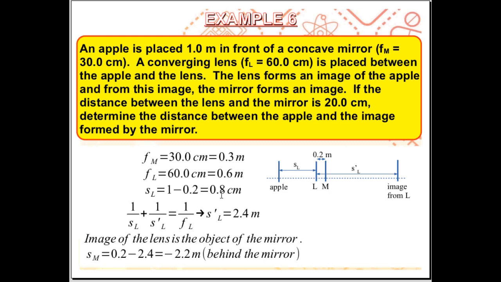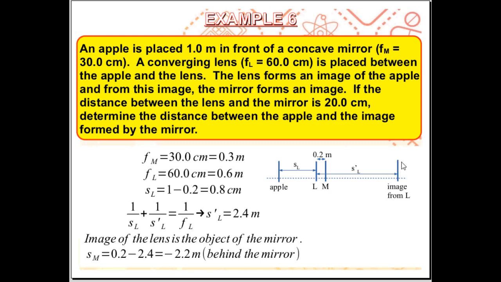SL is 0.8 meters. Not centimeters, but meters. So we are able to get SL prime to be 2.4 meters. Positive. SL prime is positive, meaning for the lens, SL prime is behind the lens. So here is located the image formed by the lens.